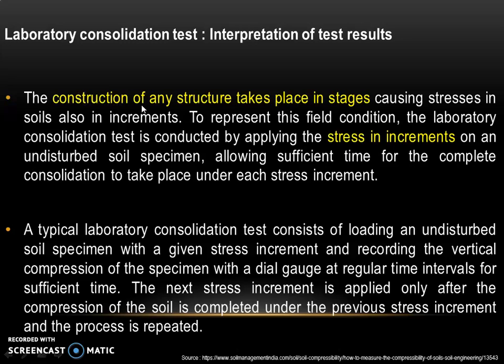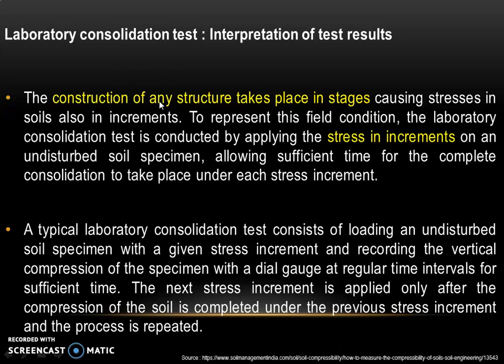We know that the construction of a structure takes place in stages. That means the structure is not constructed at once. So each component of it is constructed stage-wise, due to which there will be increase in the stress on soil also in increments.